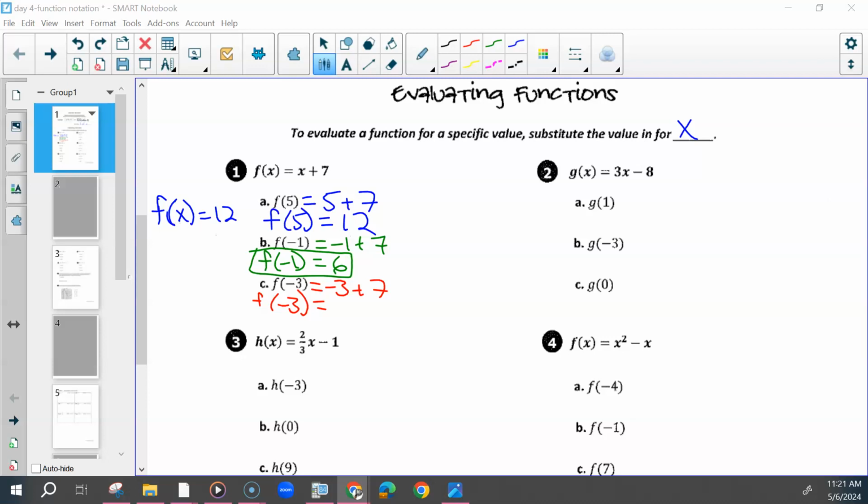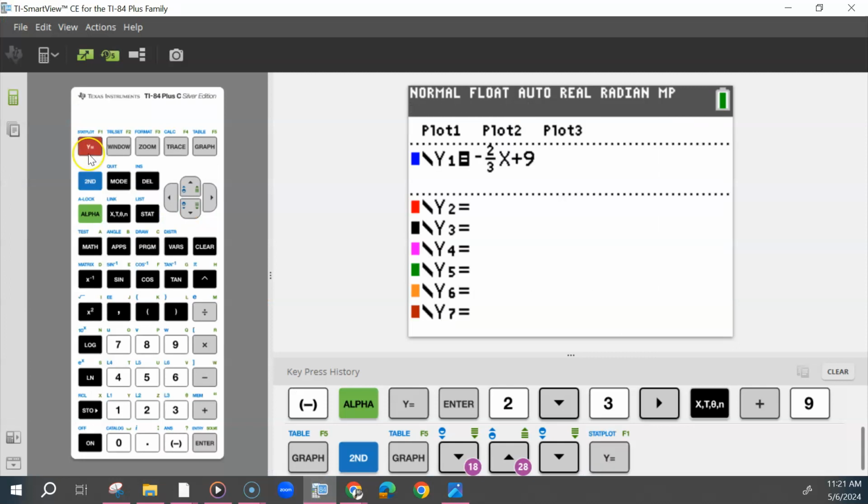I'm going to show you how you can do this in the calculator and Desmos. You're always welcome to do it by hand. If you wanted to do this in your calculator, you would go into y equals and type in x plus 7. And you can do this in Desmos too. I'll show that in a second.